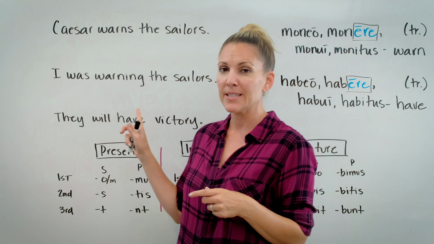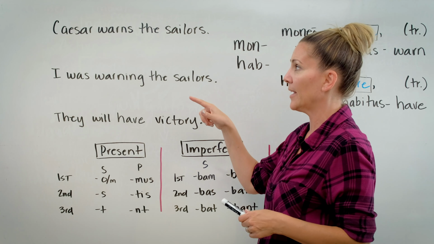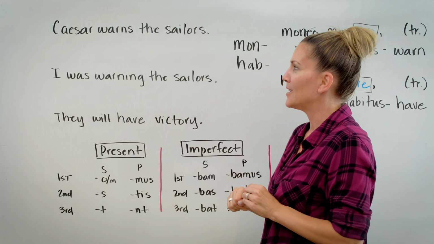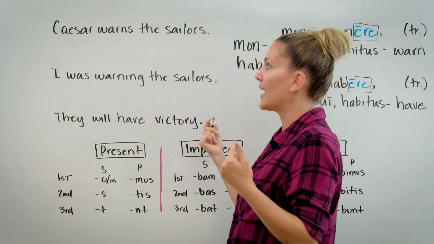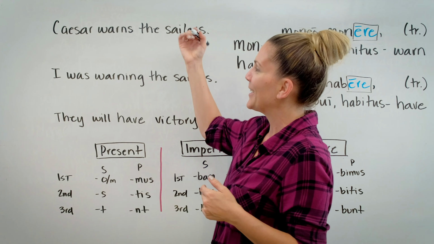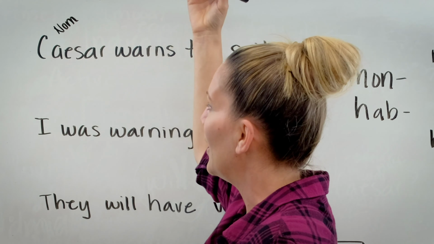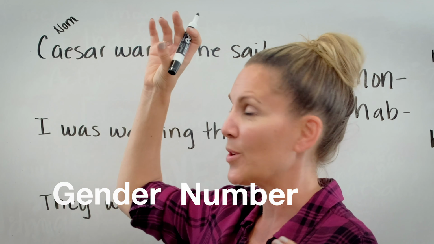Let's look at these sentences I have up here on the board. Caesar warns the sailors. First thing we do is find out who we are talking about. Who's our subject? We ask, who or what is this sentence about? It's about Caesar. That's my nominative. And remember, when we think about nouns, we have to think about GNC: gender, number, and case.